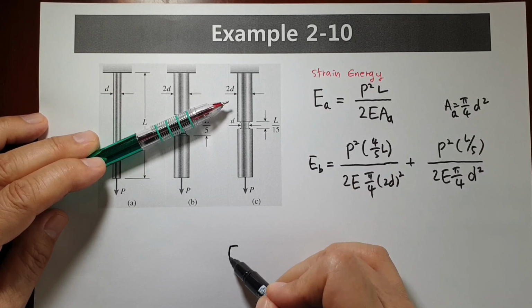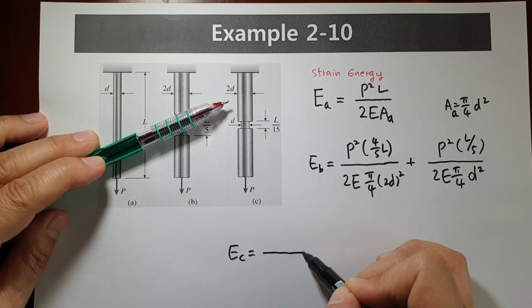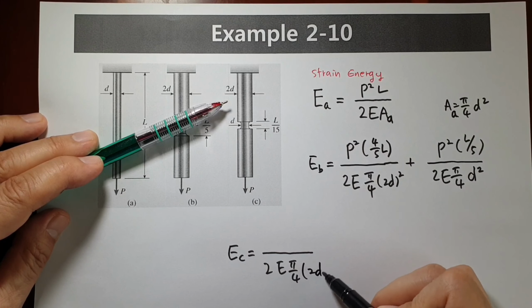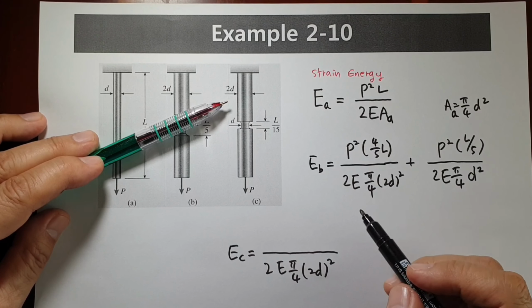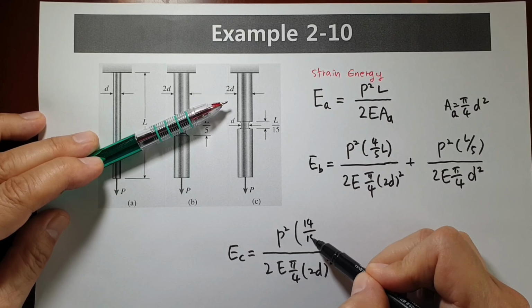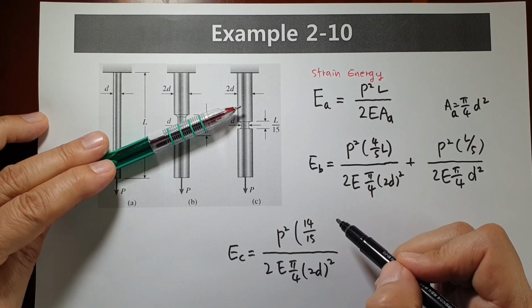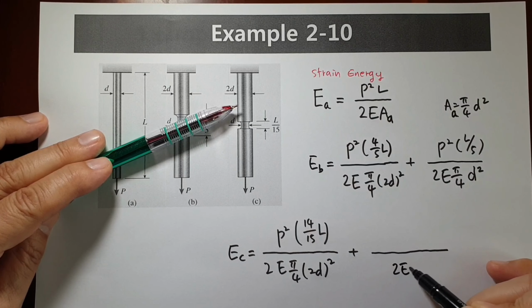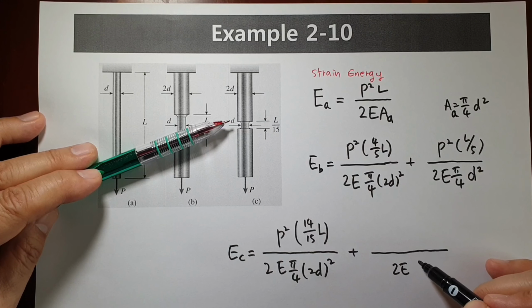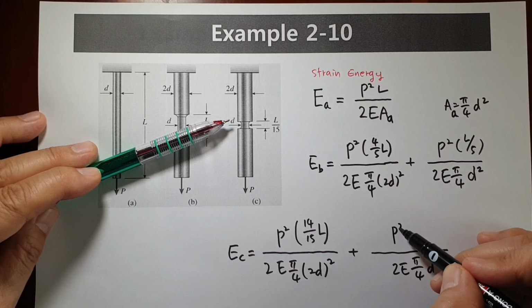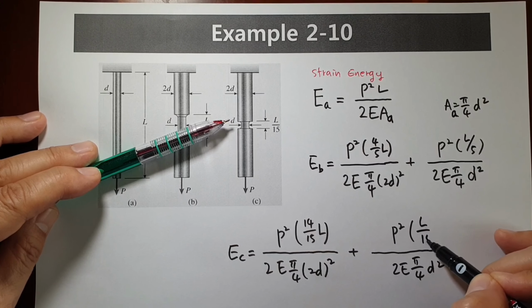Okay, next one. In the case of C, it is P squared L over 2E times 5/4 pi times 2D squared, where this total distance is L, plus P squared times length L over 15, over 2E times 5/4 pi D squared.